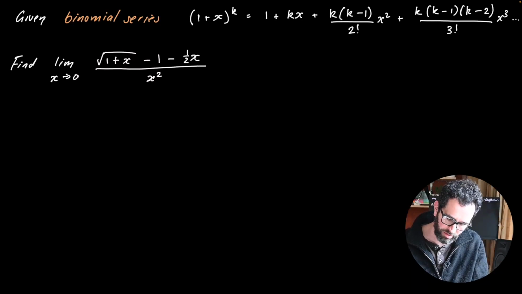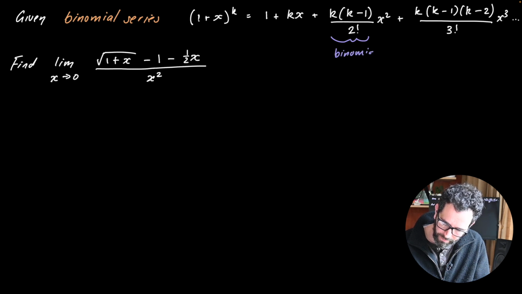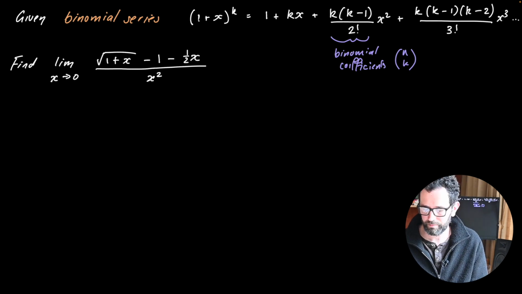We're given the expansion for a binomial series. Binomial series is just 1 plus x to the power of k. Why is it called the binomial series? Because these things, especially if you've done any stats before, you might have met these. These are called binomial coefficients. And they're often written as n choose k.